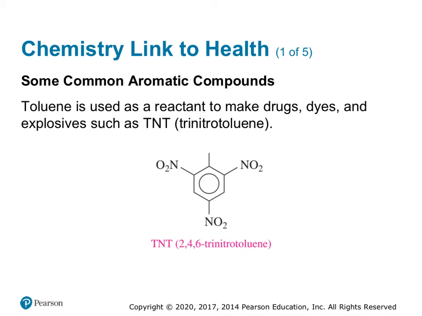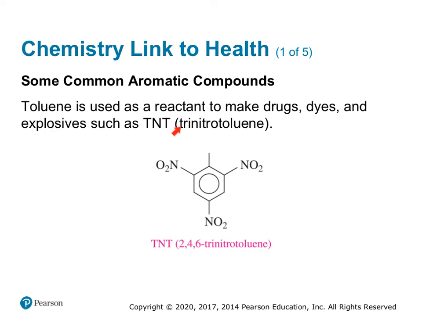Here are some examples of some common aromatic compounds. You don't necessarily have to write these down, but they do have lots of uses. Toluene is a very common aromatic compound used to make drugs, dyes, and explosives such as TNT. You may have heard of TNT as an explosive before.